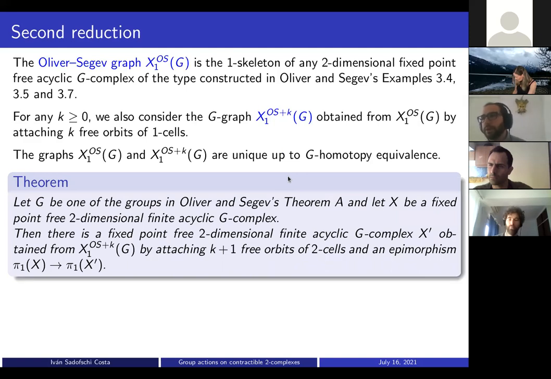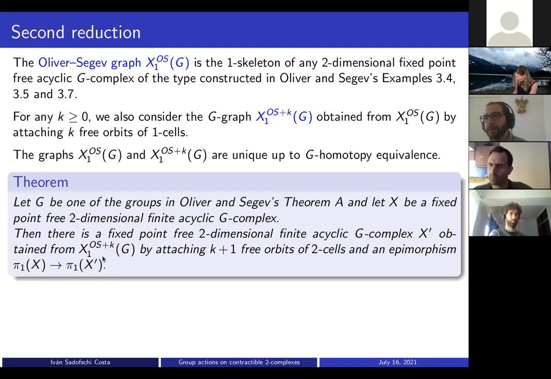If G is one of the groups in theorem A, and X is a fixed point free two-dimensional finite acyclic G-complex, then we can modify this complex X to obtain a complex X', which is also a fixed point free two-dimensional finite acyclic G-complex, and is obtained from this graph by attaching k+1 free orbits of 2-cells. Moreover, we have an epimorphism of the fundamental group of X onto the fundamental group of X'.